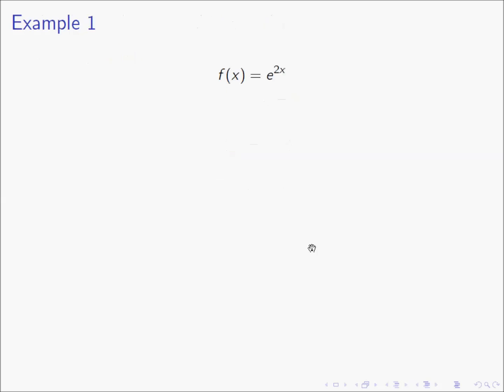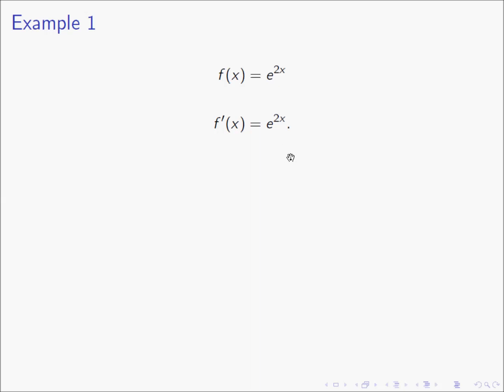So let's solve some examples using this new formula that we got. For example, let's consider this function f of x equals e to the 2x, and let's try to find its derivative. So here we have a composite function, and the outer function is e to the x, the exponential function, and its derivative is the same function.